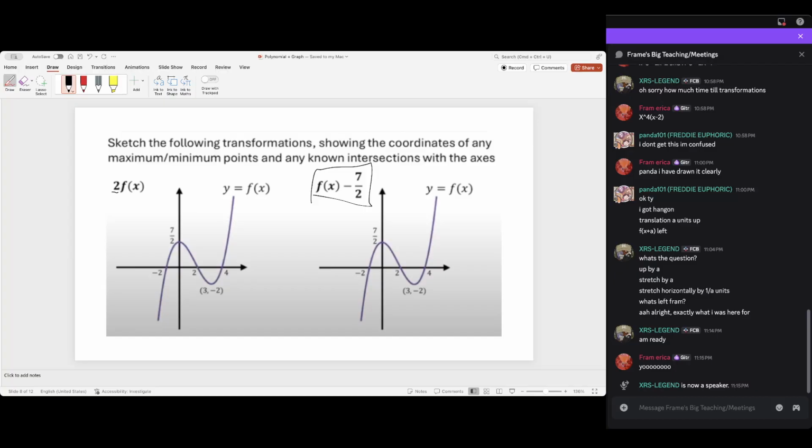For this 2, I think you should know that 7 is just the times of this, like this, and f minus something is simply this minus something. 5 minus 3 is equal to 2, and very similarly we are shifting this downwards by 7 over 2.